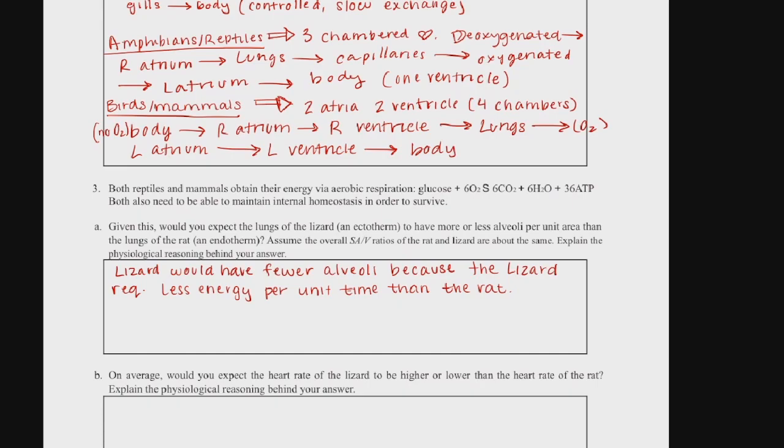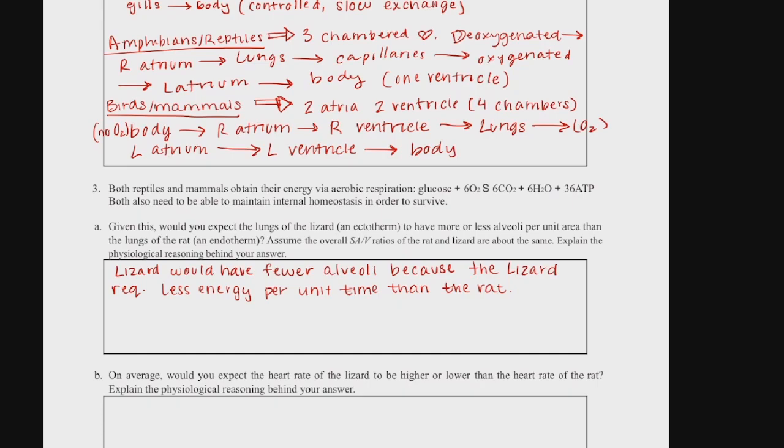So similar to us, the rat's normal body temperature is higher than the environment. For example, it's 50 degrees where I'm at right now, but my body temperature is still 98. So my body temperature is warmer, like the rat. And so its enzymes are functional at this higher temperature.